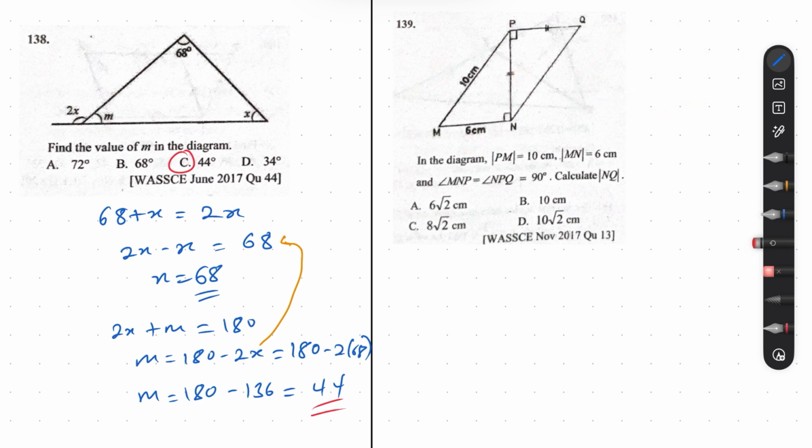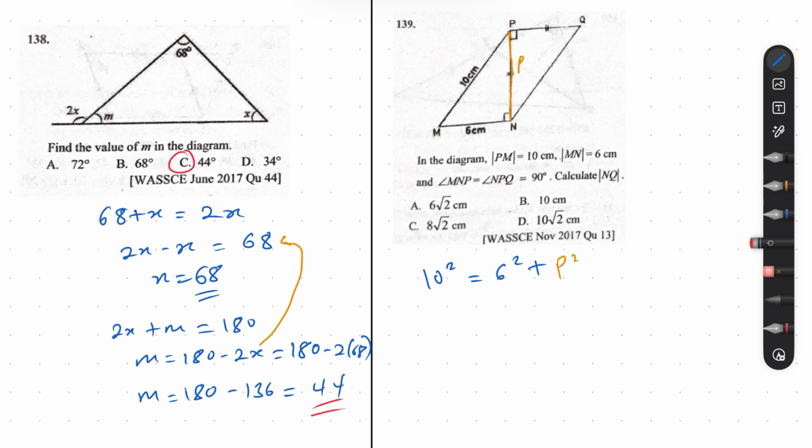So that means 10 squared will be equal to 6 squared plus, let's call this line here P. Now what's P squared?